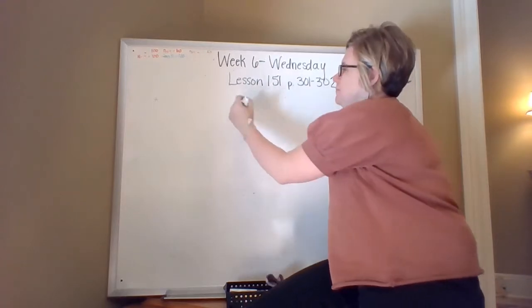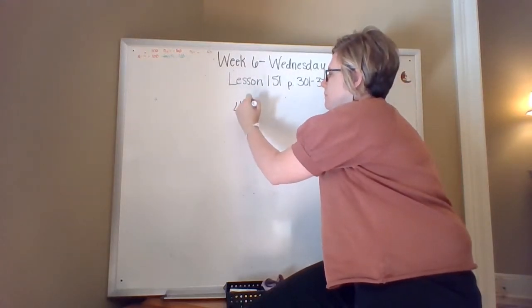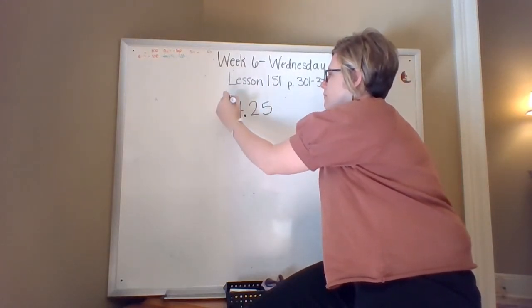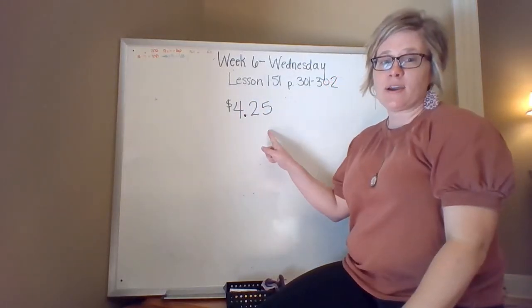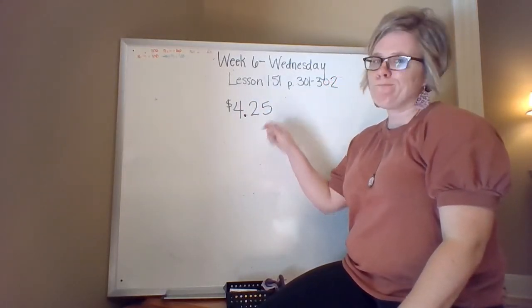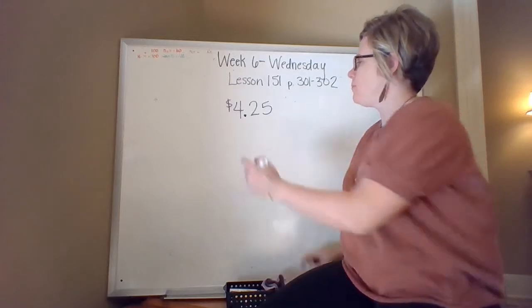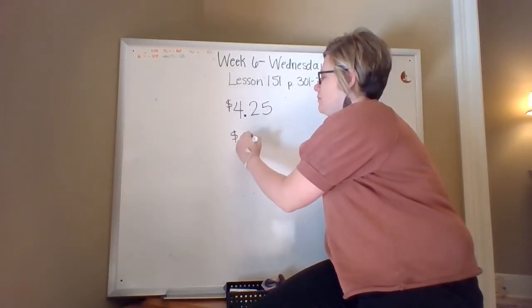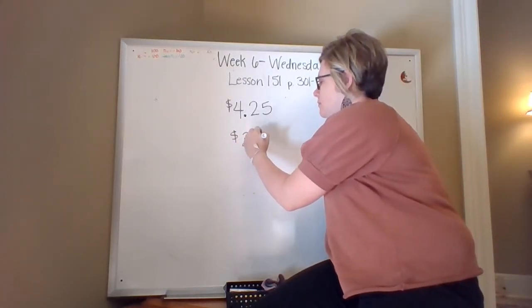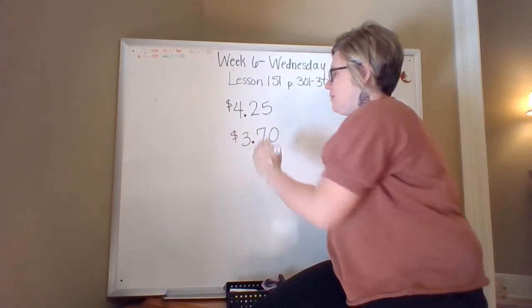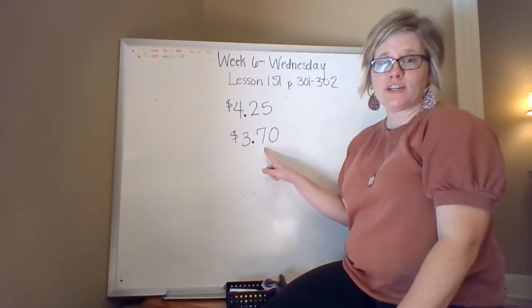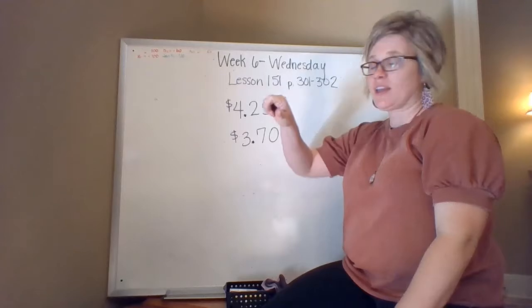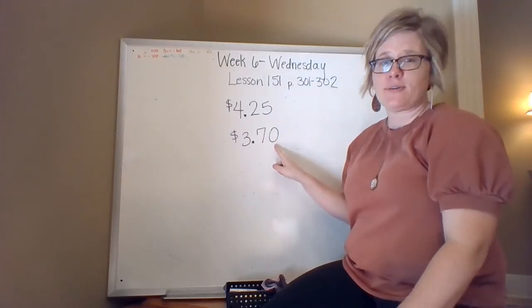Let's look at this one. Is this amount rounded to the nearest dollar? Nope. What about this one? Is this amount rounded to the nearest dollar? But Miss Penny, it ends in a 0.